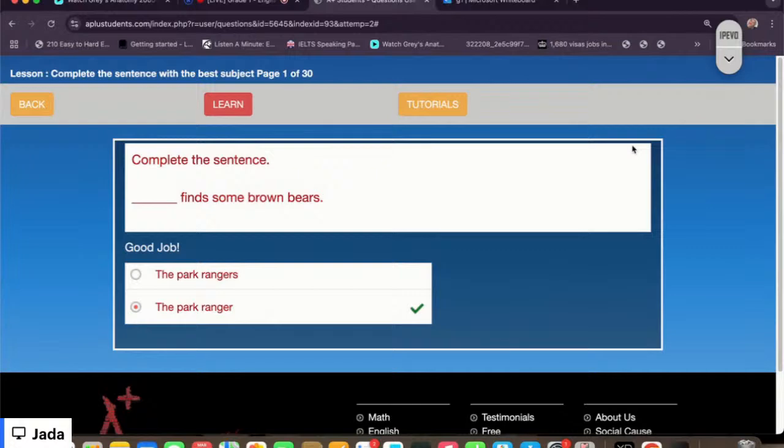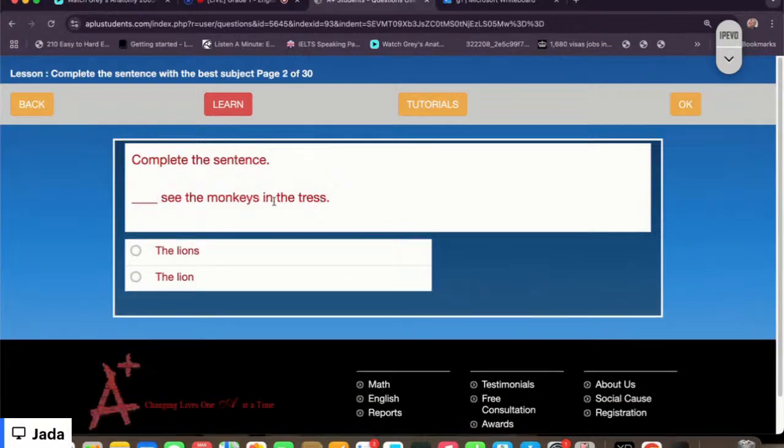Okay, good. So next, we have see the monkeys in the trees. Now, see, what is the right subject here?